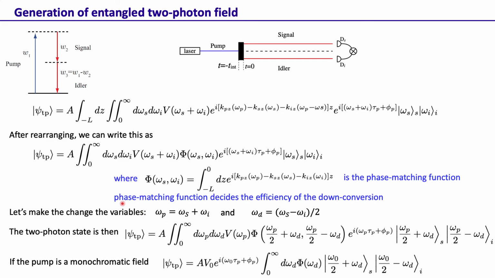So in the next lecture, we will study this phase matching function in a bit more detail, and then go towards two-photon coherence and two-photon interference and try to explain that using the same intuition that we had for the classical field as well as for the one-photon fields. So for this lecture, we will stop here. Thank you.